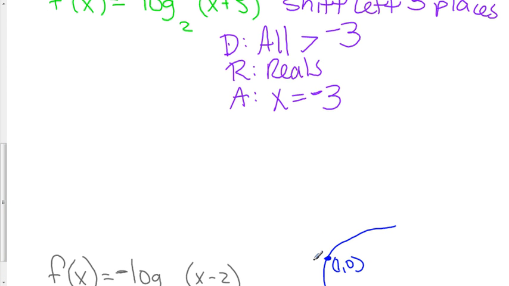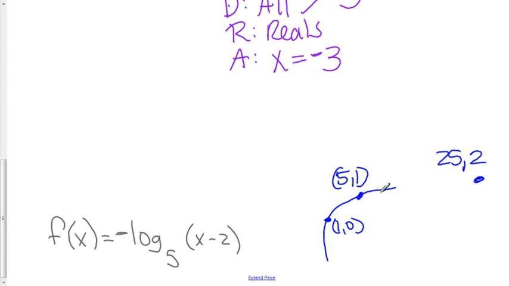Well, from 1, 0, the next coordinate out would be 5, 1. The next coordinate after that would be way over here at 25, 2. And what I'm talking about here as far as these coordinates are concerned would be as if this was just log base 5 of x. Next coordinate on this side would be at a negative 1 for the y value. The x value would be 1/5.